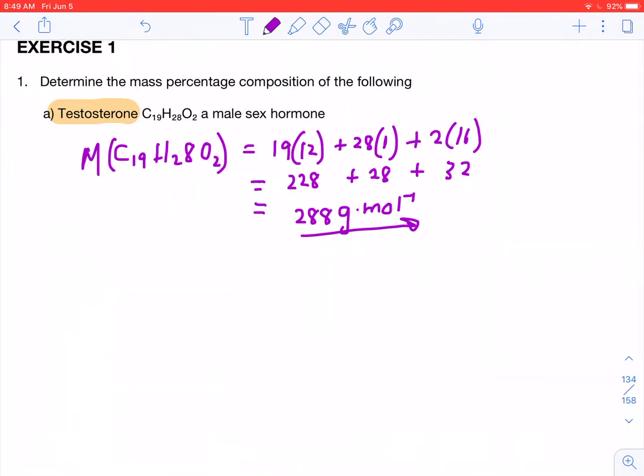But we know this whole sample has a mass of 288 grams. Right, but now we want to know what percentage is carbon in here.